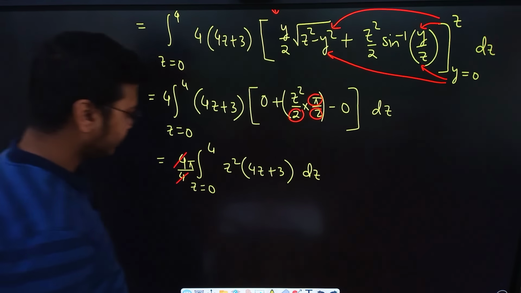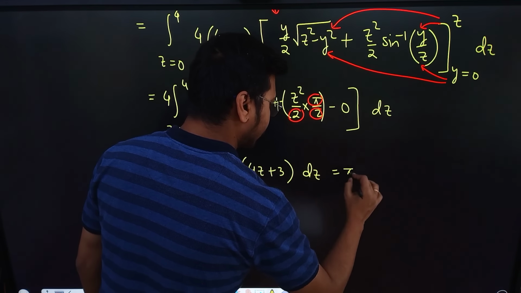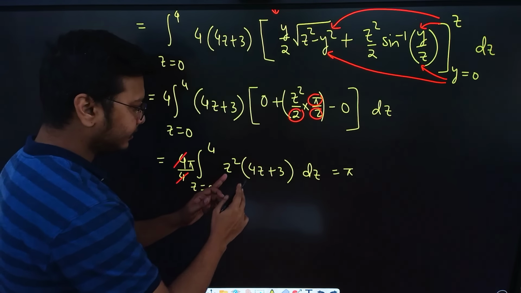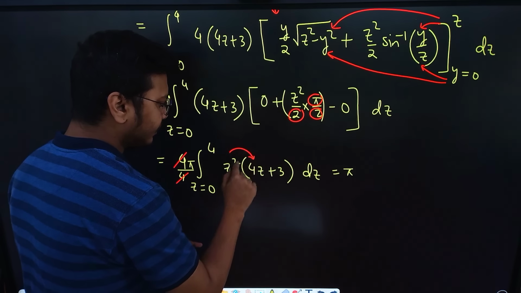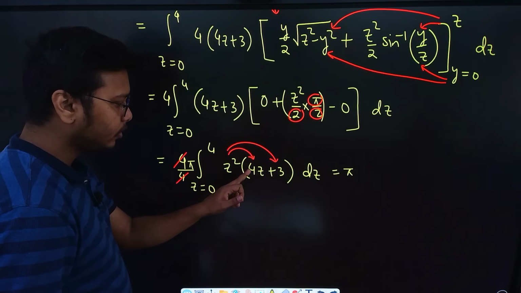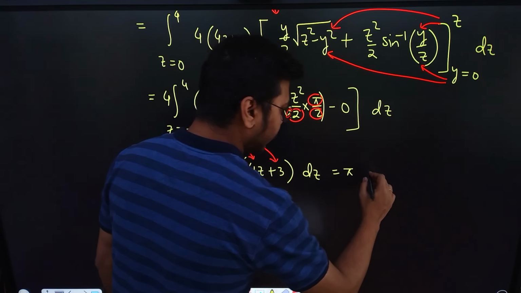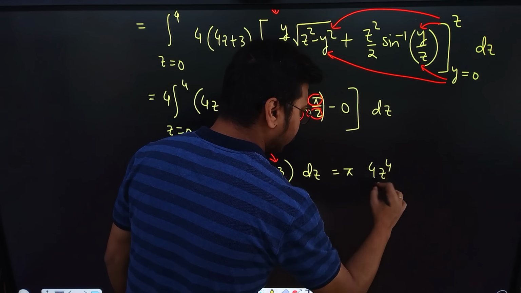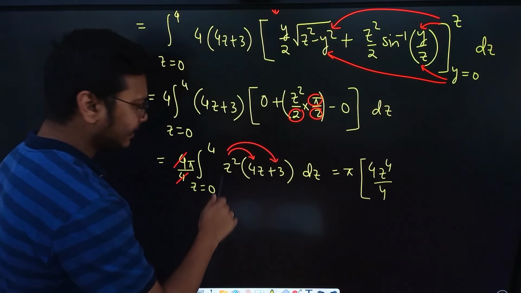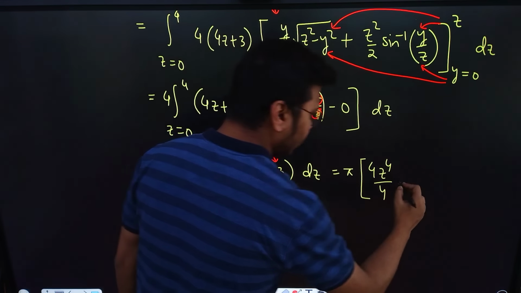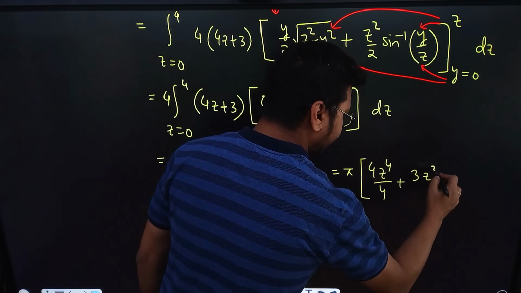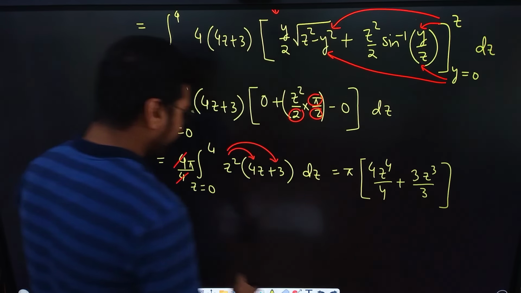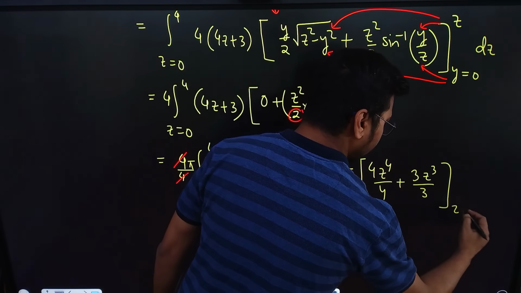Now that's a very simple integration. So pi times, if I integrate this, first of all I'll multiply the terms and then integrate. If I multiply, it's going to be 4z cube. So integration would be 4z to the 4 by 4, and the next multiplication is going to be 3z square. So that's going to be 3z cube by 3, and the limit of z is 0 to 4.